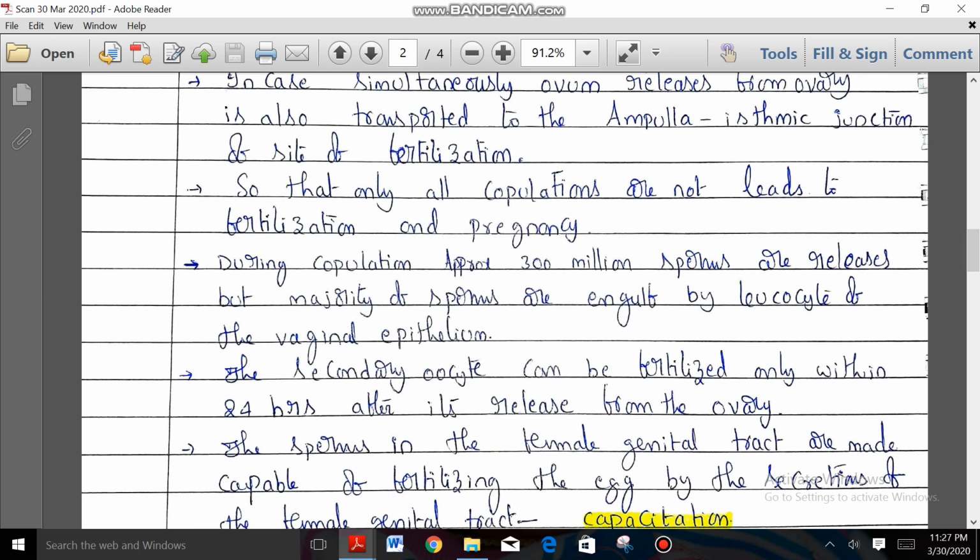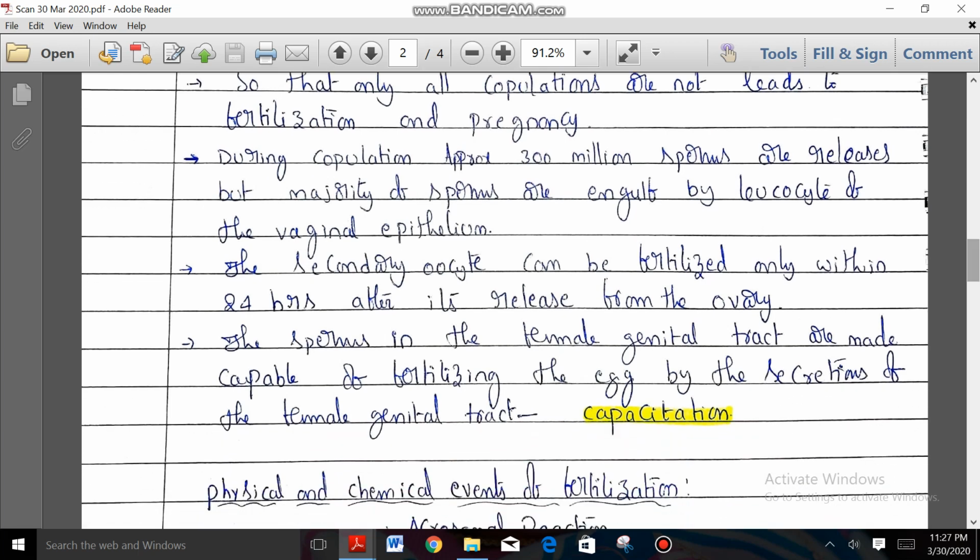So not all copulations lead to fertilization and pregnancy, right? And how many sperms are released? Approximately 300 million sperms are released at the time of copulation, but not all sperms are going to fertilize the secondary oocyte. What is the reason? A majority of the sperms are engulfed by leukocytes of the vaginal epithelium, right?